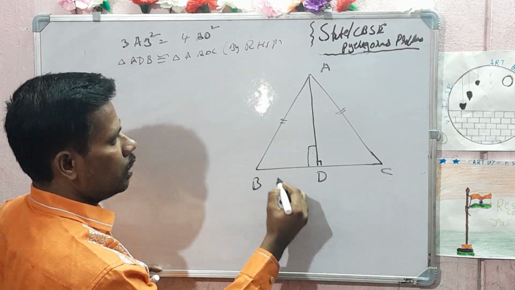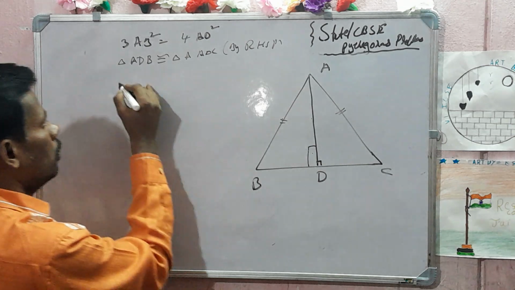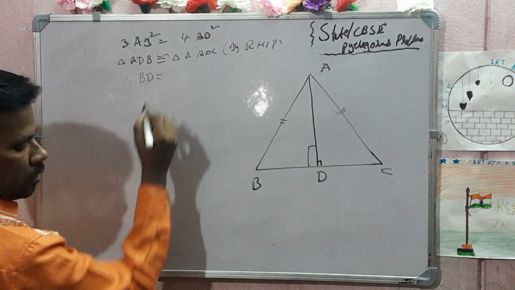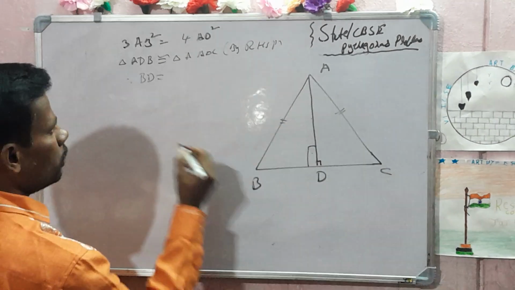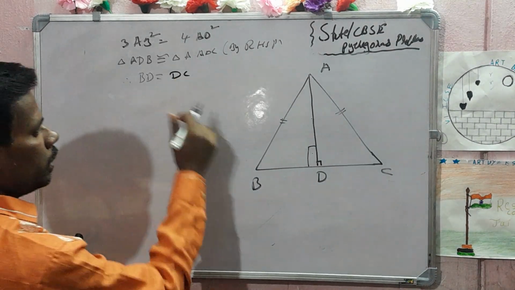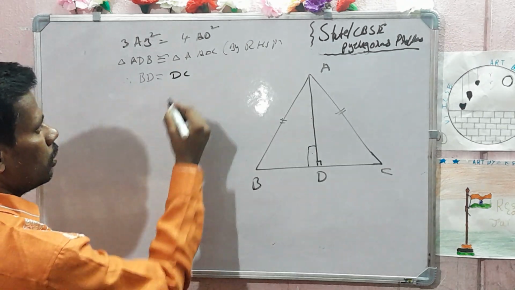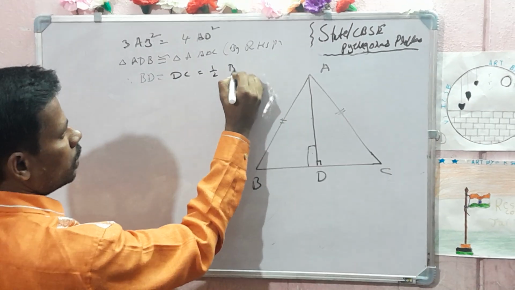Therefore, also, BD is equal to DC, right? BD is equal to DC, that is equal to half of BC.